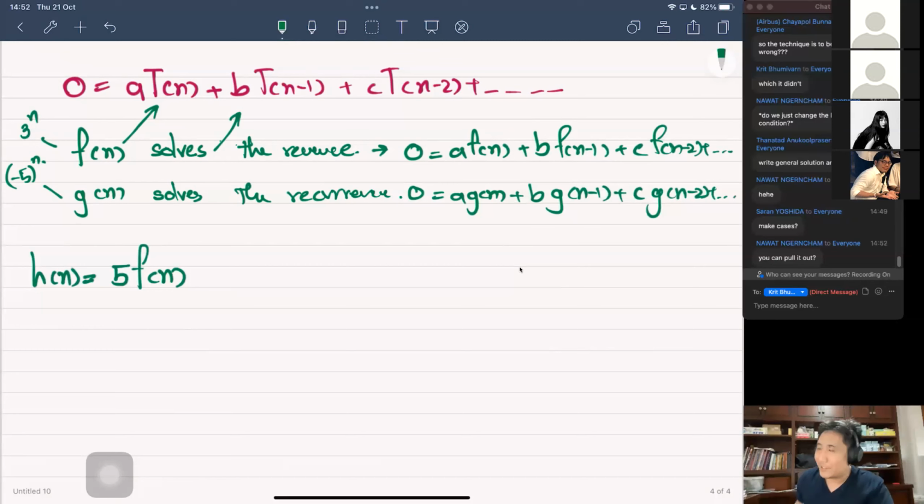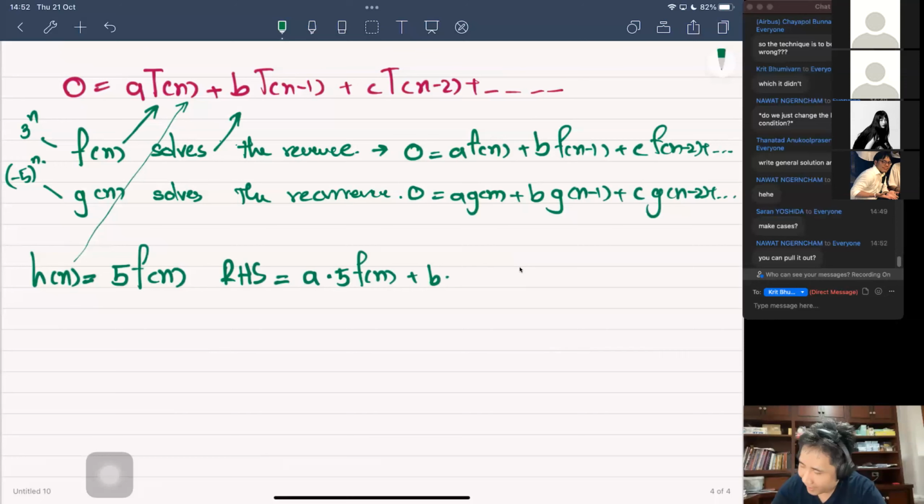So let's do exactly what was suggested. If I plug h of n in here, I get only the right hand side: a times 5 f of n plus b times 5 f of n minus 1 plus c times 5 f of n minus 2 plus dot dot dot.